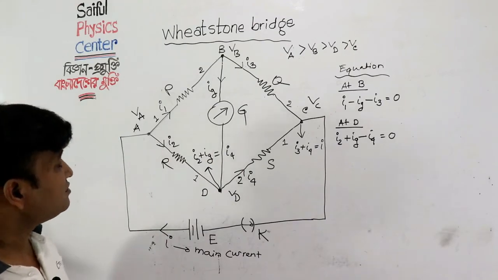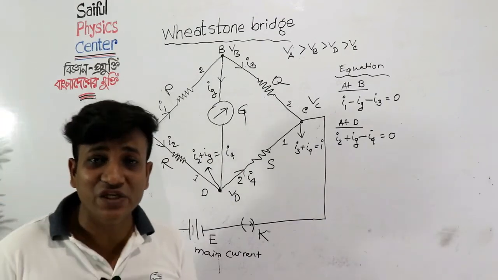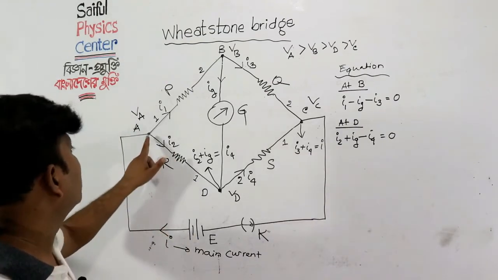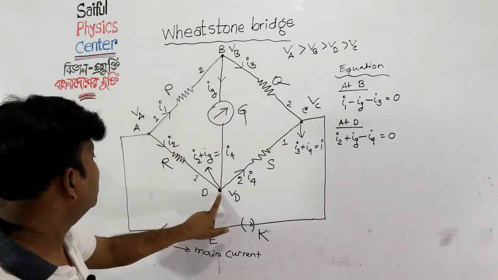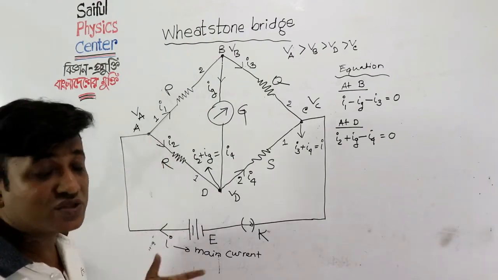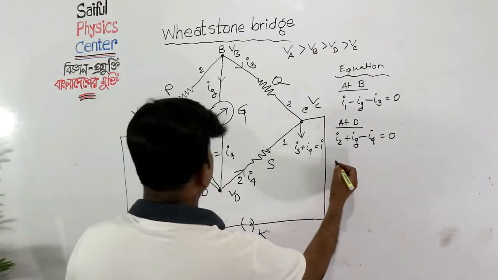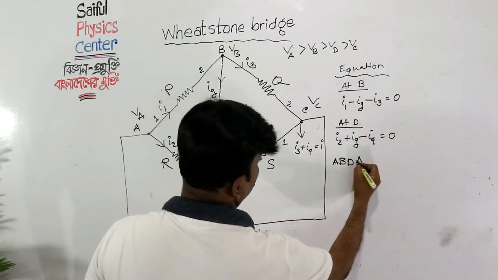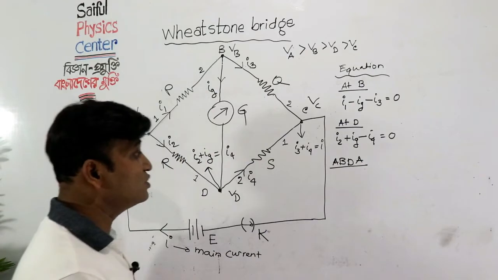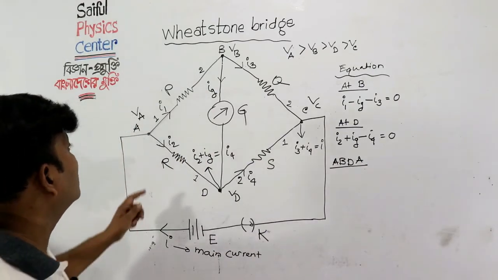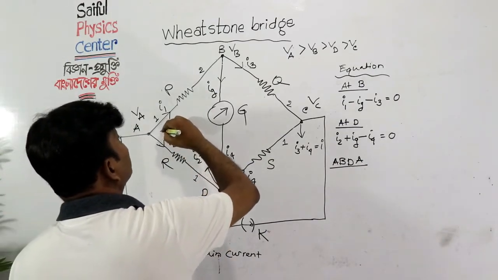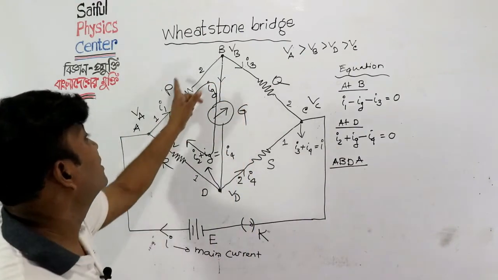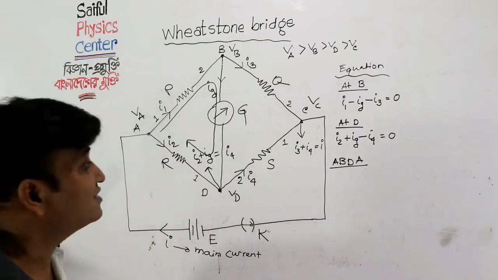Okay. Next, we can use the voltage law or the loop law in the A, B, D, A closed circuit. Here we consider the flow of current along the clockwise direction.